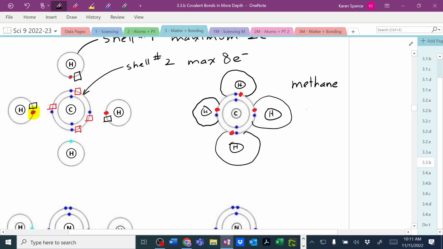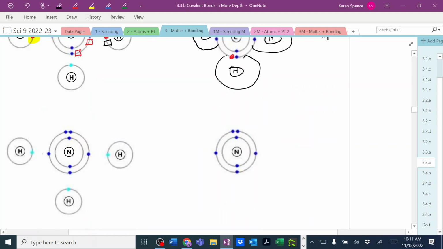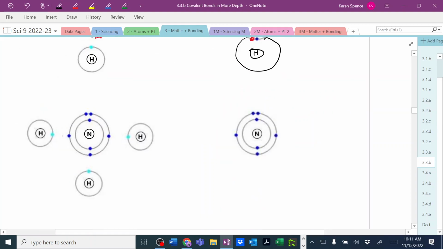And what would the formula for methane be? CH4, yes. Here we have holes. How many holes does nitrogen have in its outer shell? 3. 1, 2, 3.